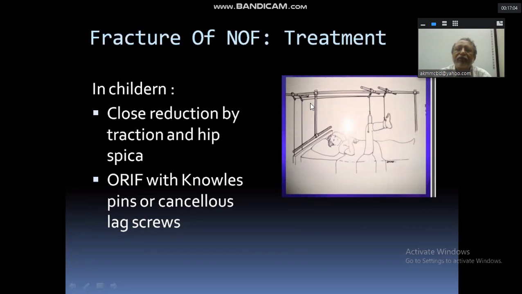And we need an elaborate system for this traction. It's a skeletal traction type. But we would prefer, even in children, to go for operative treatment and fix with special types of pins, we call them Knowles pins, or special types of small cancellous lag screws. Okay, for children.